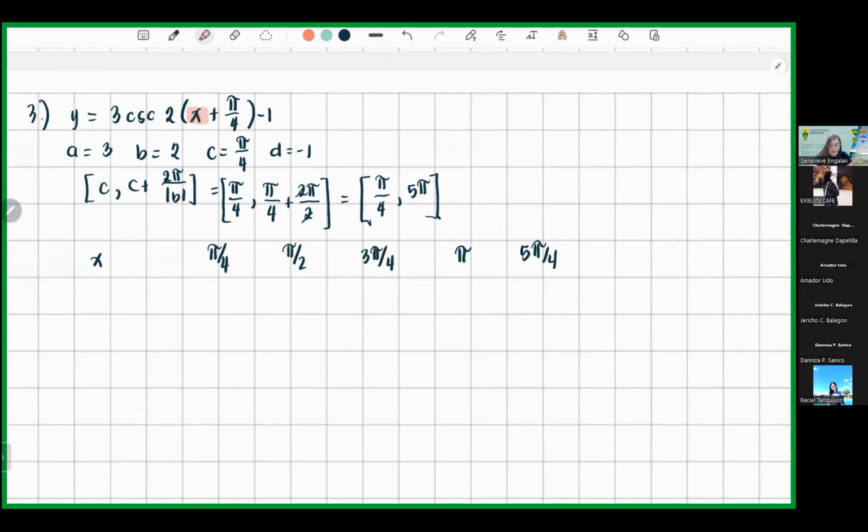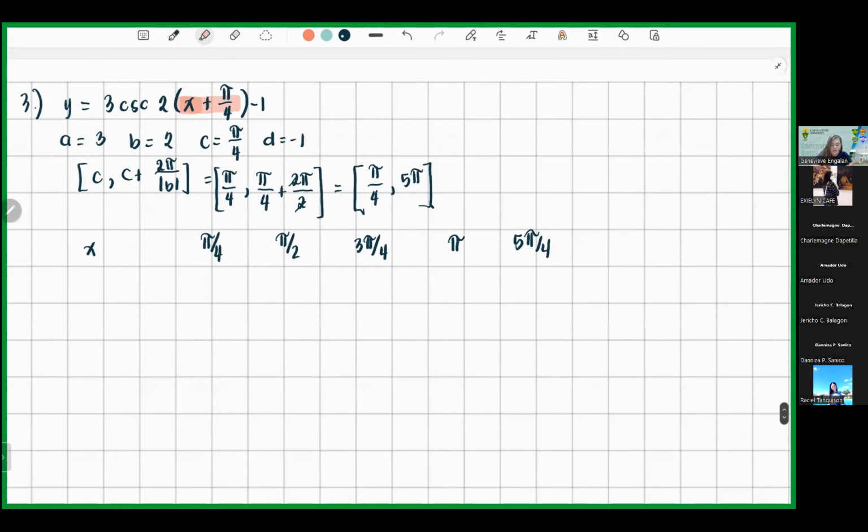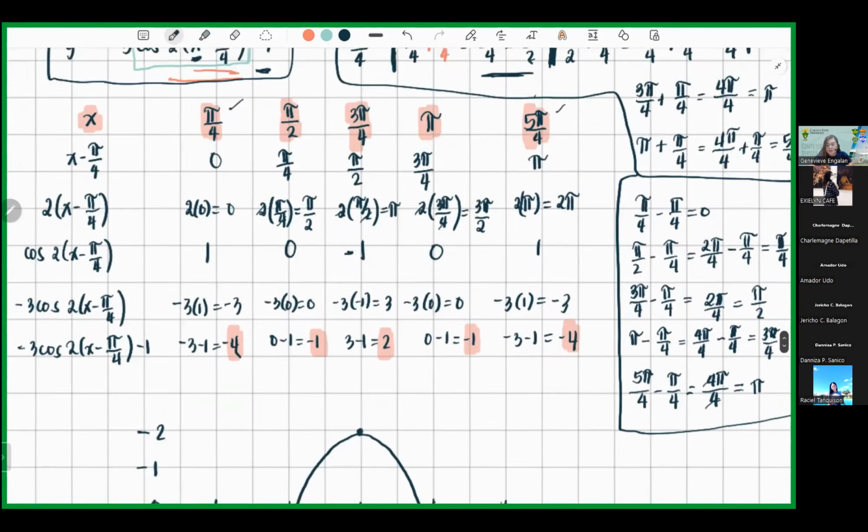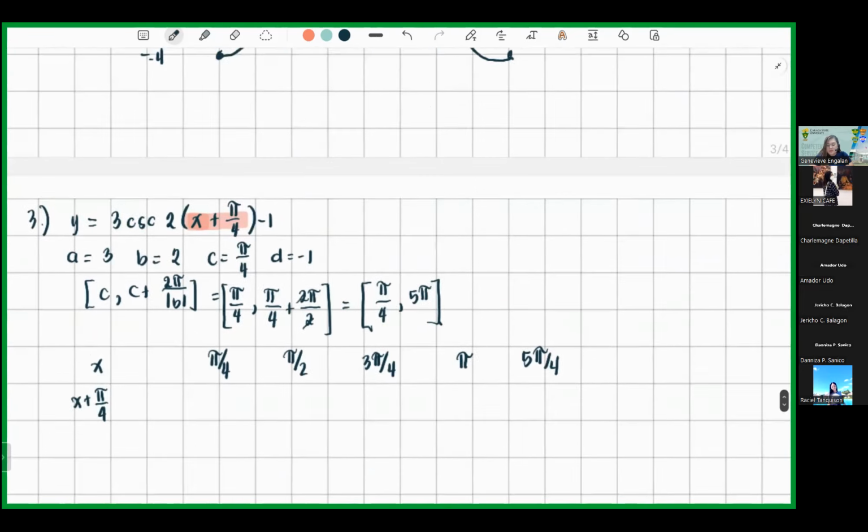Sunod sa x, diri na ta sa x plus pi over 4. So you have x plus pi over 4. So pi over 4 plus pi over 4, pareha ra pud na ganina, plus man pud ni.